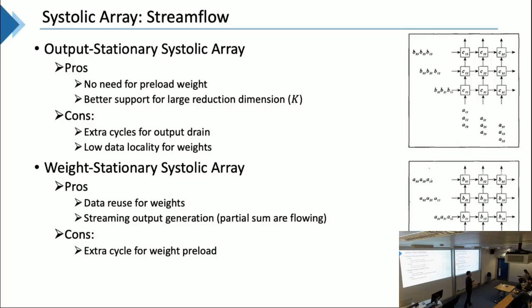Just remember, if we have A multiplied by B equal to C, these are matrices, and the reduction dimension represents the innermost loop, K. If you want to implement a large K matrix multiplication on the weight stationary array, you need to do some tiling, because in weight stationary you try to map these B matrices into the systolic array. A large K puts a requirement on the physical shape of your systolic array. That's why output stationary is better with a large reduction dimension, since it avoids a lot of limitations when mapping the weight matrices onto the physical systolic array.